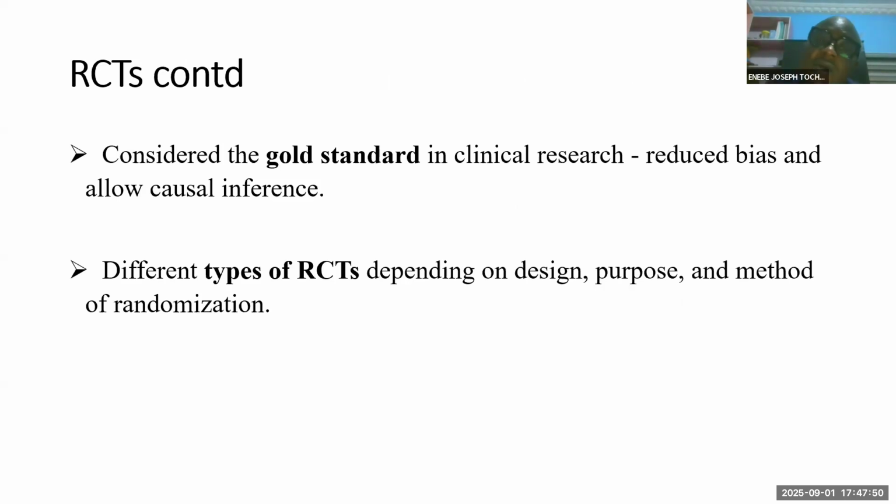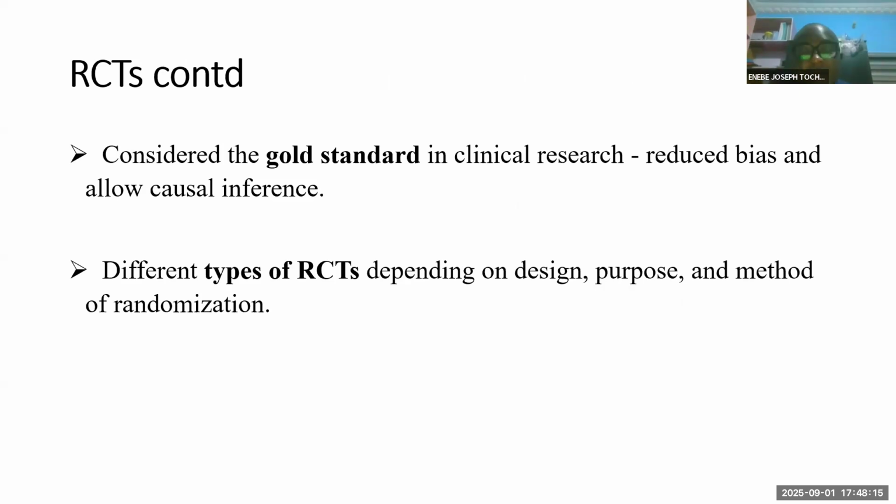Now, it's regarded as a gold standard for clinical research because, one, most of the time bias is reduced. And sometimes you find out that the patients are blinded; they don't know what they're receiving. So it reduces bias. And then it allows you to know the particular cause of a particular outcome.